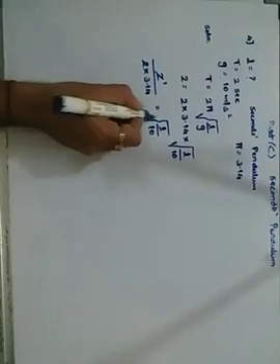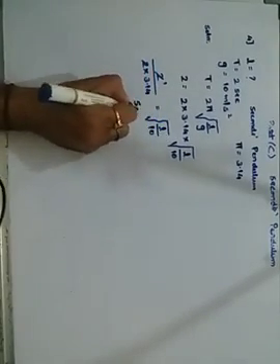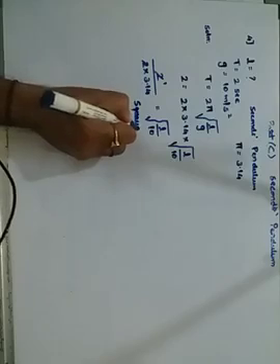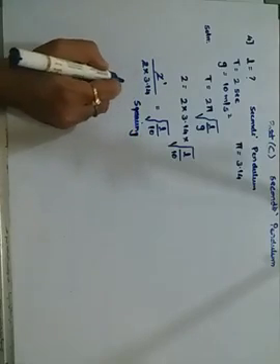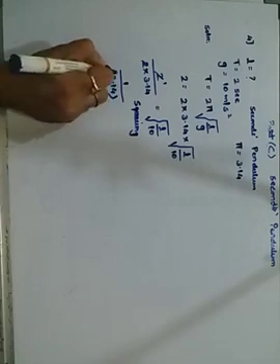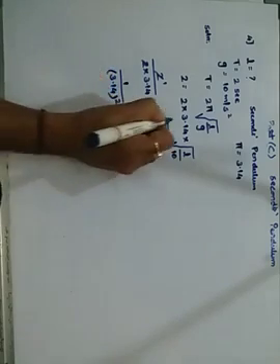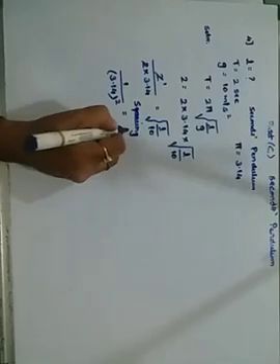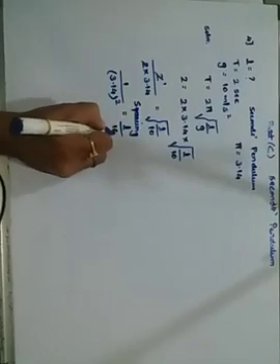Okay, so I want to remove this root sign. So what I do is squaring on both sides. Squaring on both sides will make this as 1 upon 3.14 the whole square. Squaring this side will remove the square root sign. It will become only L upon 10.